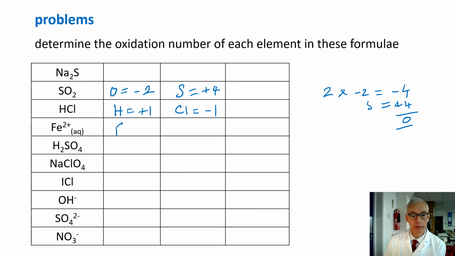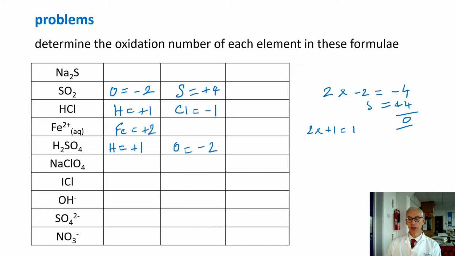Fe2+, well, that's a very simple rule. The iron has the oxidation number of +2. Now, hydrogen is always +1 in sulfuric acid. Oxygen is always -2. Those are rules. So we've got 2 times +1, that's +2.